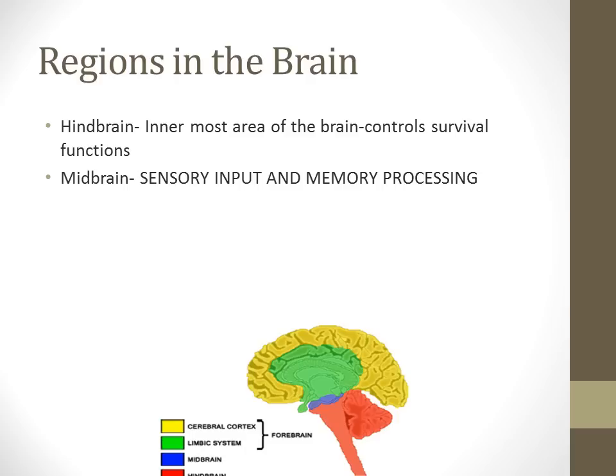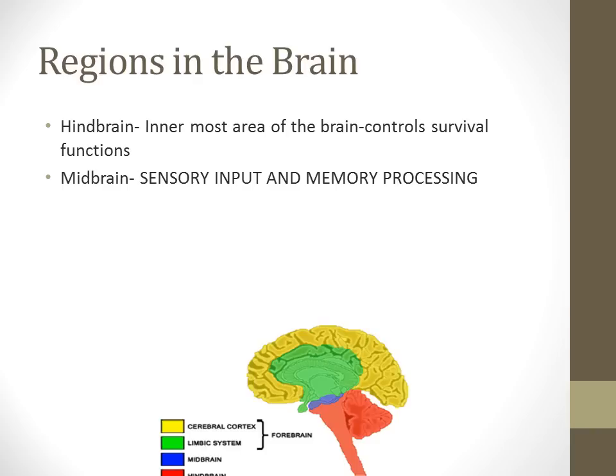So first, let's take a look at the hindbrain. The hindbrain is the innermost area of the brain. It controls your survival functions, so things like your heartbeat, breathing, and arousal are all considered roles of the hindbrain, and we'll look at the specific structures of each in a moment. The midbrain, the blue area, is where sensory input and memory are mostly processed.